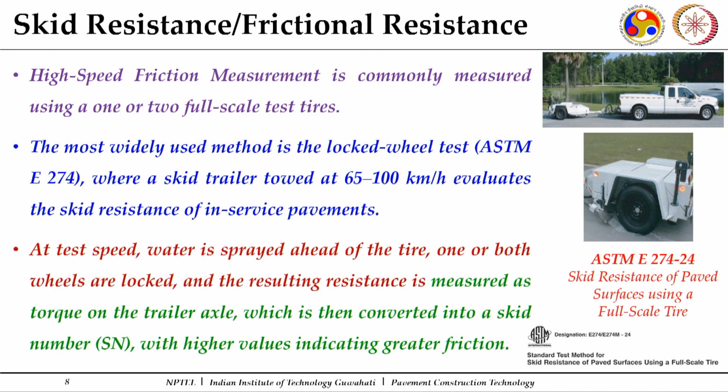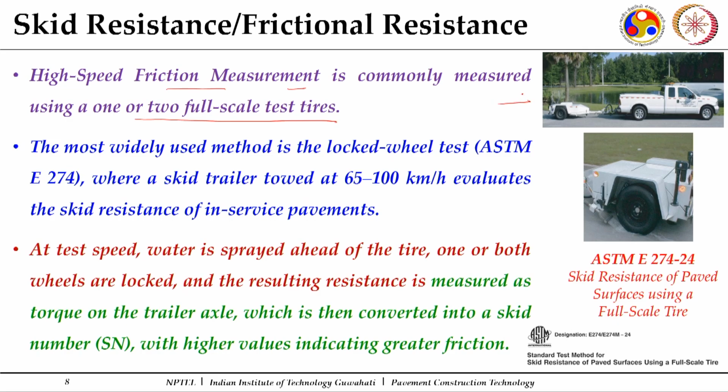If you want to make measurements at the actual speeds at which a vehicle is moving, one quite popular method for measuring pavement skid resistance is high-speed friction measurement, usually with full-scale test tires.